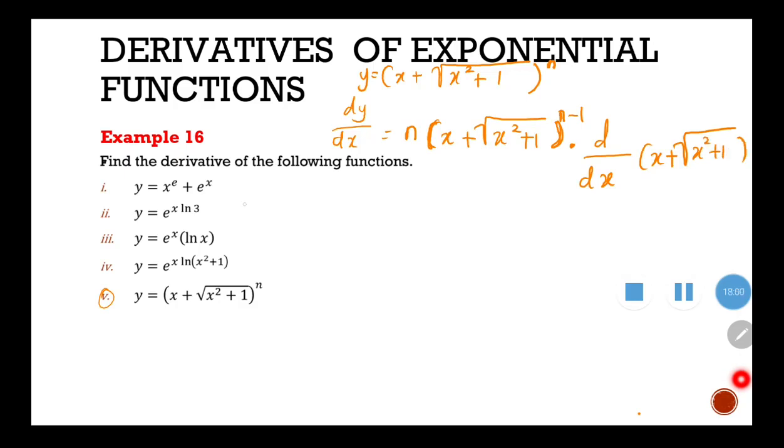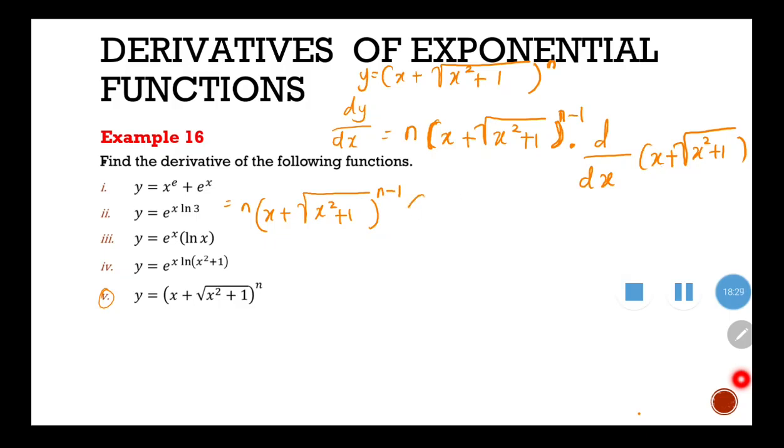So now I'm just rewriting the first part here, n times x plus the square root of x square plus 1 to the power of n minus 1. So what is the d/dx for this, guys? We're going to solve it here.